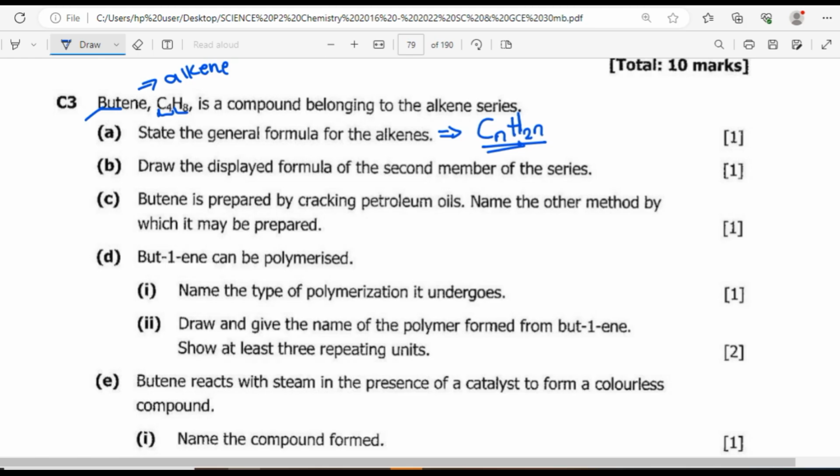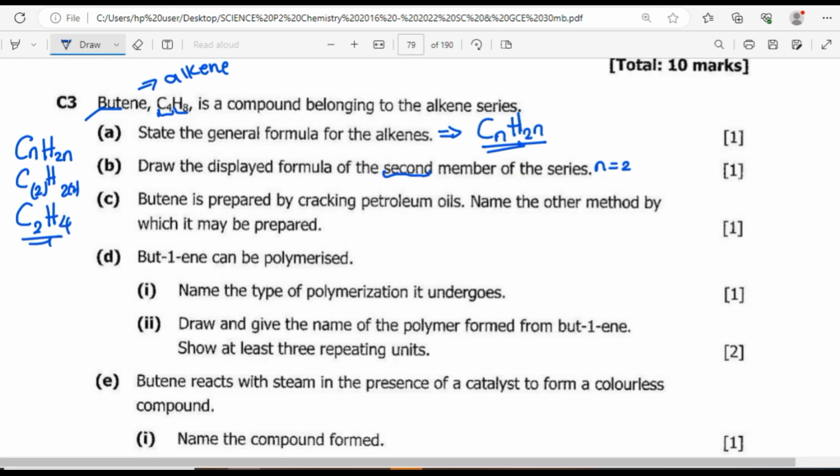We know we have CnH2n. Since we are told the second member, where there is n, we put 2. So C times 2 gives us C2, and 2 times 2 gives 4. So this is what we are dealing with.